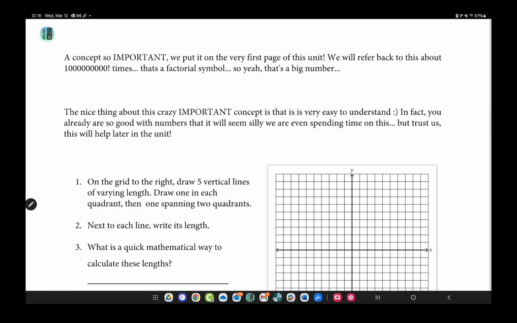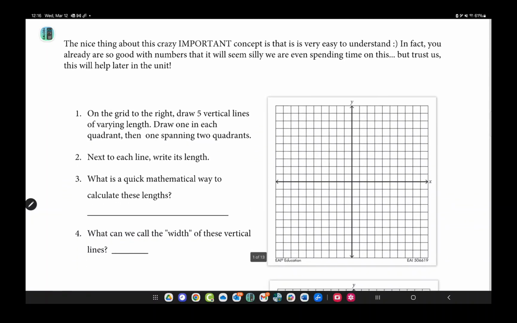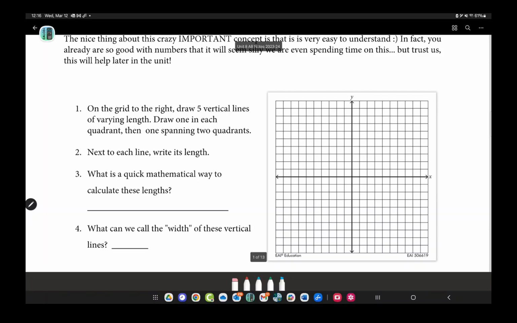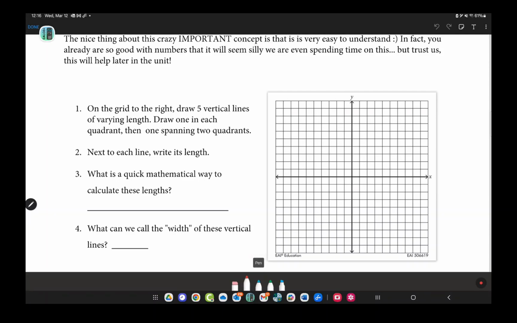So, on the grid to the right, draw 5 vertical lines of varying length. Draw 1 in each quadrant, and then 1 spanning 2 quadrants. So again, just draw any set of lines. It doesn't make a difference. Here's one in this quadrant. Here we have one in that quadrant.